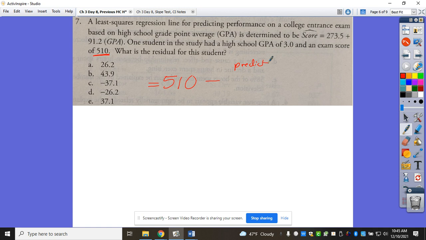So you're just plugging in 3.0 to that equation, and you get the predicted value, and subtracting that gives you negative 37.1. So kind of surprised me that they did two questions on here that were pretty much the same thing.